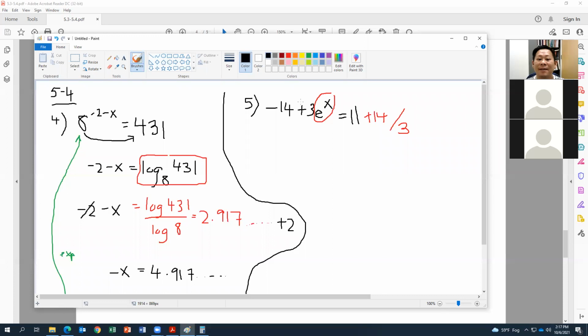So what you have in this case is e^x by itself, and then this is 25 over 3. And now we move the base. Once you move the e to the base, that becomes ln. And how do you write this? It is ln of 25 over 3. And Henry, what you said just now, your answer is 2 point something?